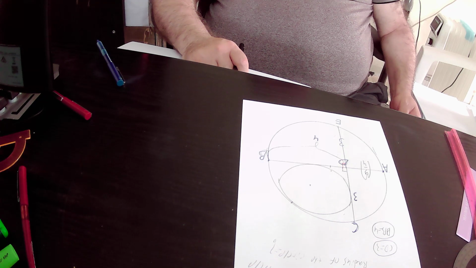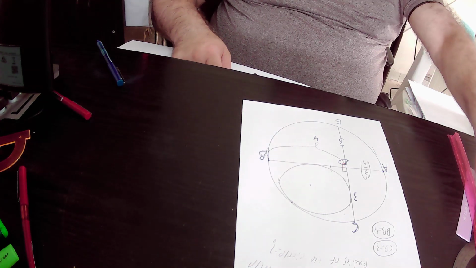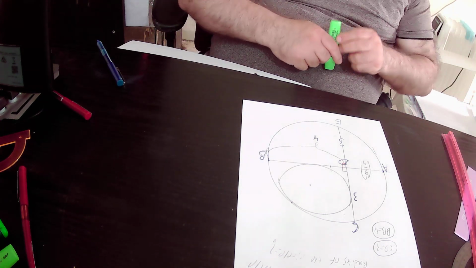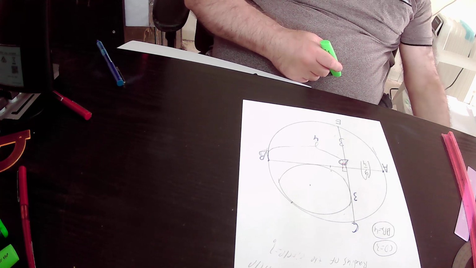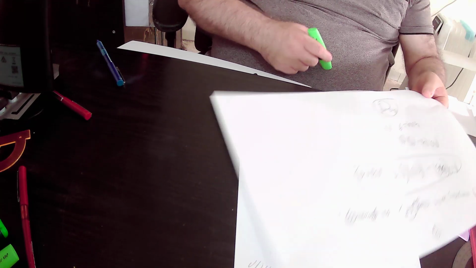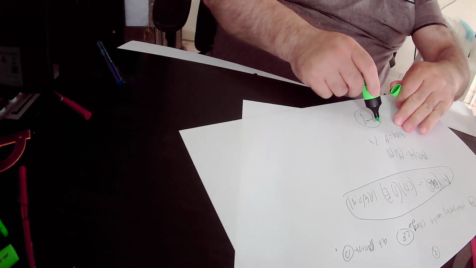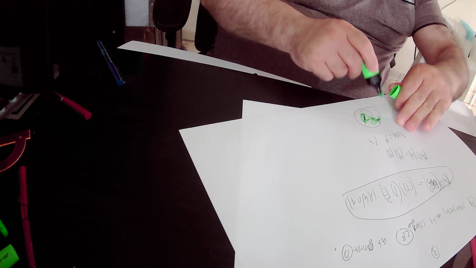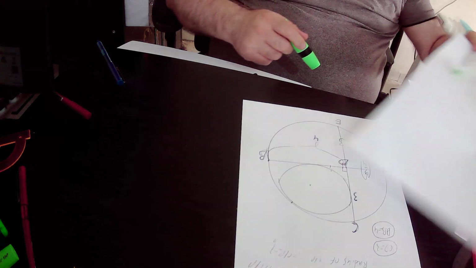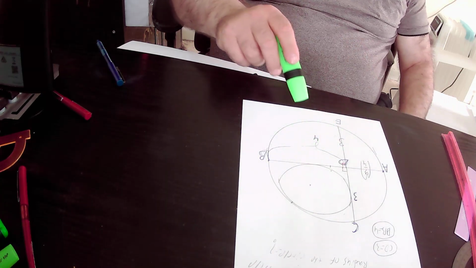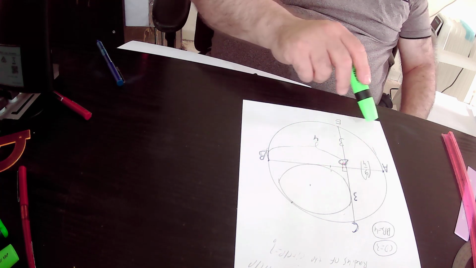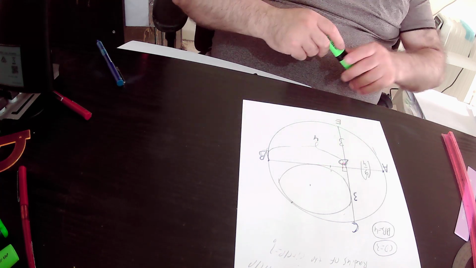So we know that the diameter of any circle is twice as long as the radius. First of all, we know that here AB is the diameter of the big circle and also the diameter of the semicircles.